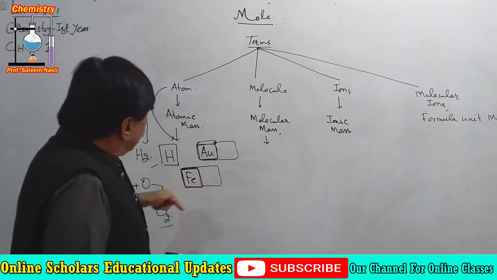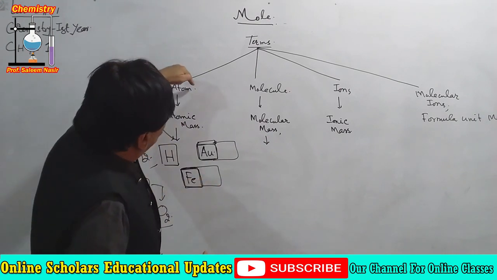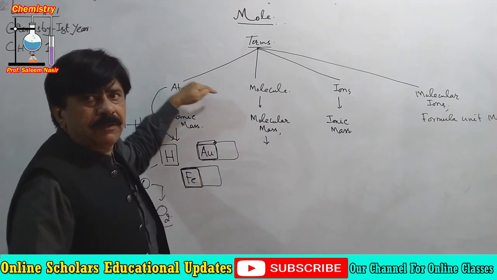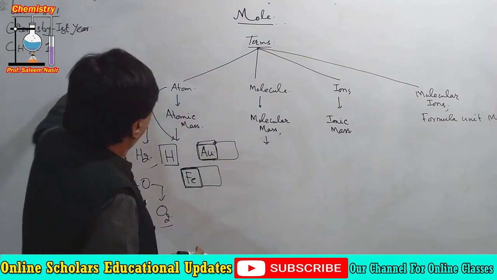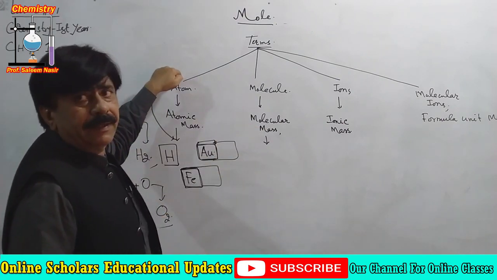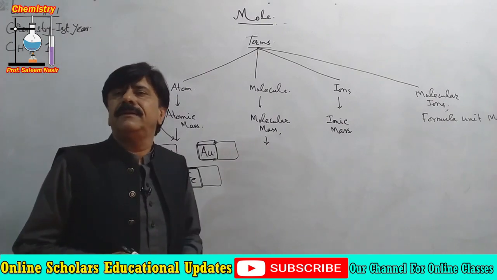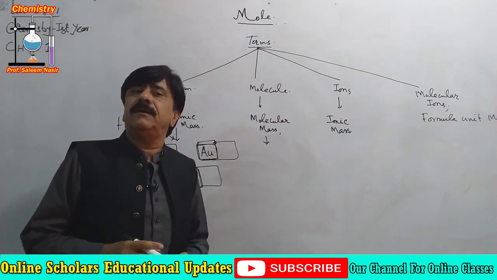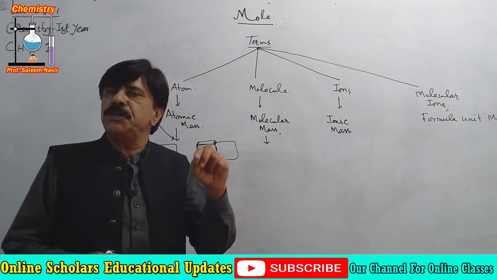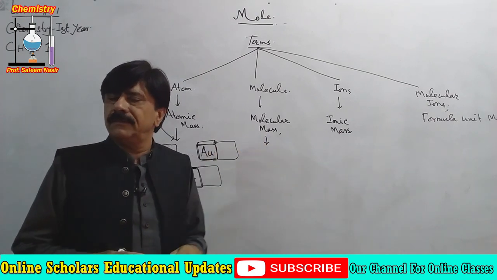Now the question again comes to the atom. We will start our topic from the atom. An atom is the smallest particle of matter which takes part in chemical reactions.